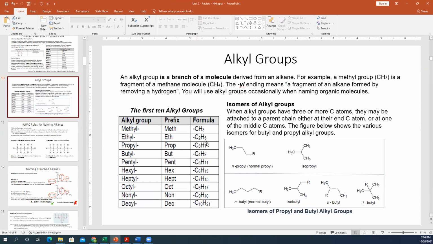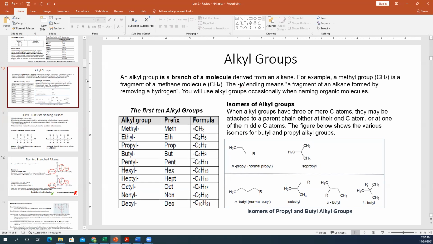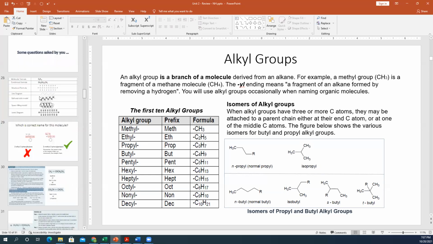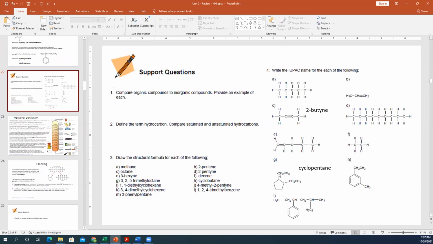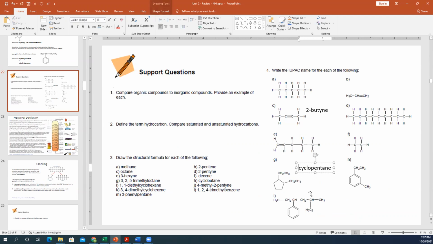So it looked like this. It was an ethyl group, right? It had 2 carbons, and then 5 hydrogens all around it, right? So this is an alkyl group, an ethyl. Right? It's an ethyl.